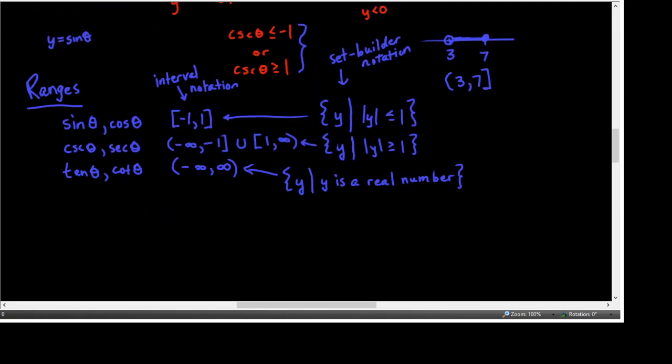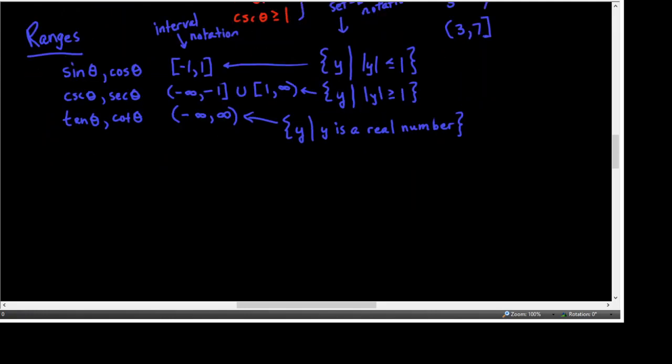Okay, so given those ranges, we're going to talk about what's possible and what's impossible. For example, A. Someone says sine of theta is square root of 3.